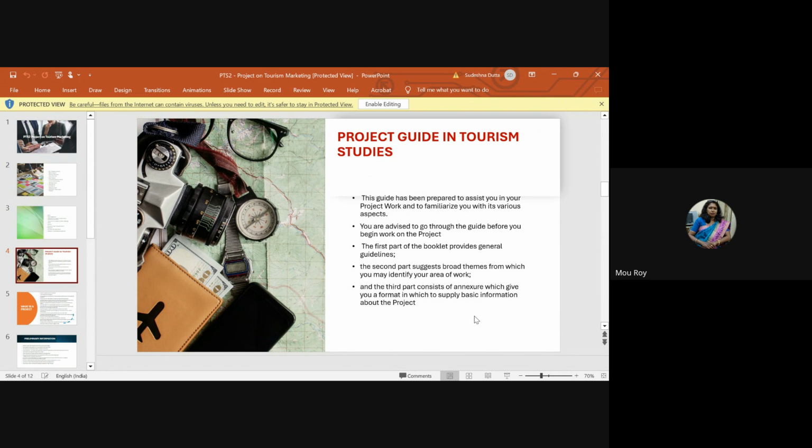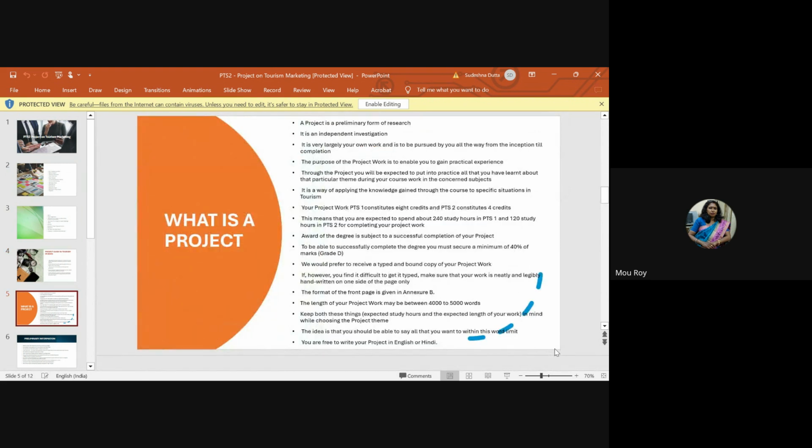The third part consists of annexures, which give you a format in which to supply basic information about the project. So moving ahead, what is a project?